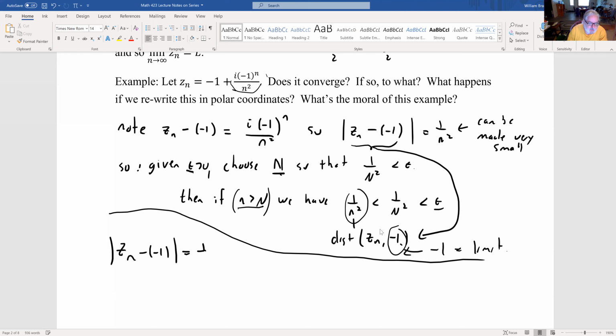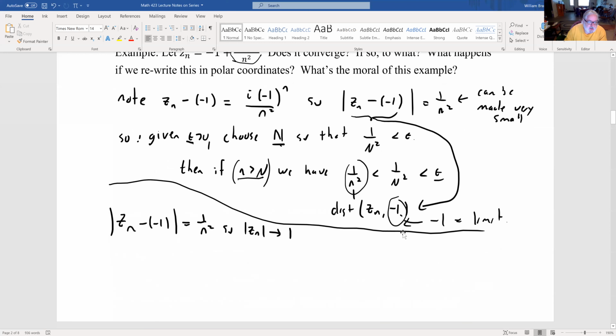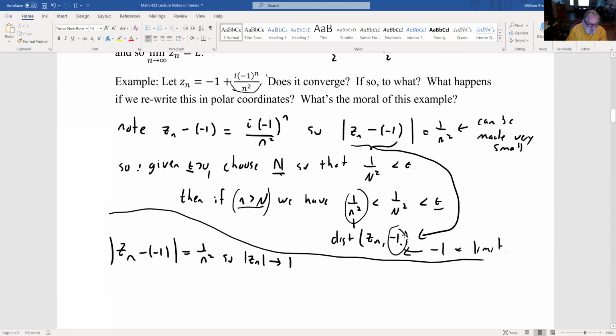It's 1 over n squared, right? So the modulus of Zn actually goes to 1. So that's not too hard to show as n goes to infinity. What about the angles? What's the argument of z sub n? And this is where our problem with polar coordinates comes in, of course.